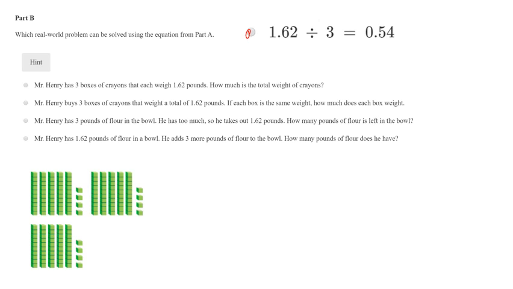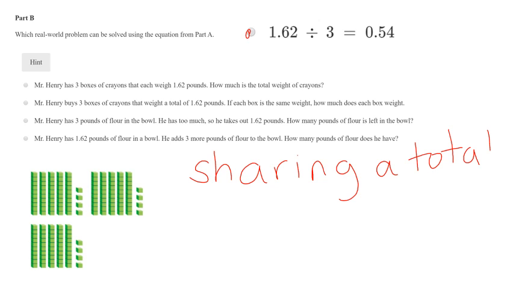Which real-world problem can be solved using the equation from part A? So we want to talk about something where we are sharing a total of 1 and 62 hundredths into 3 groups.